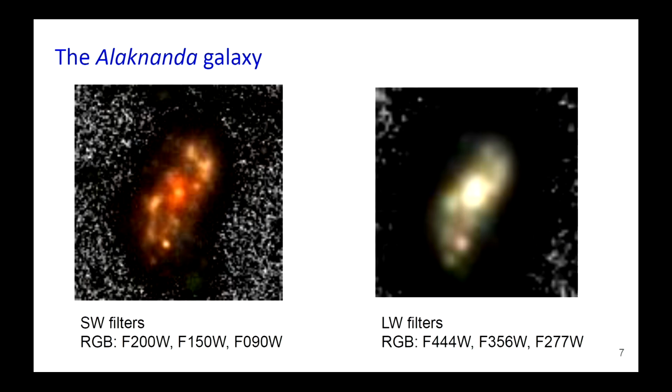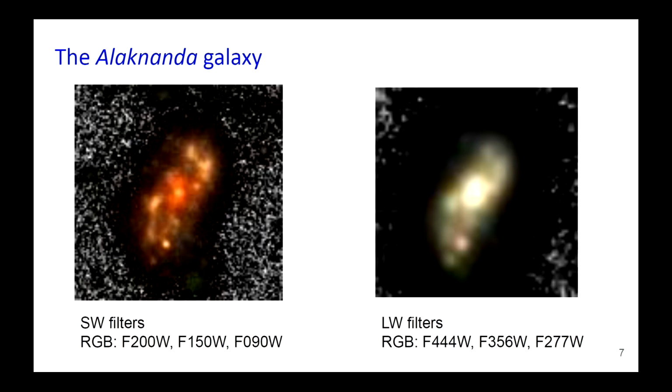Since these are the shorter wavelength filters, we can see that the galaxy is kind of fragmented, and we see mainly the star forming regions. But when we go to the longer wavelength filters, like I was talking about earlier, we are able to see the optical rest frame. We see the underlying disk, and so this galaxy is visible.